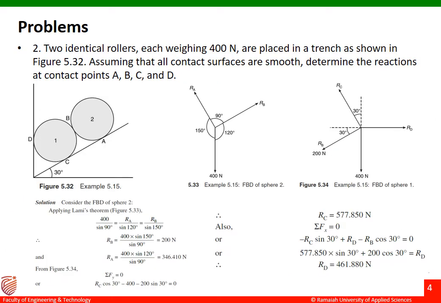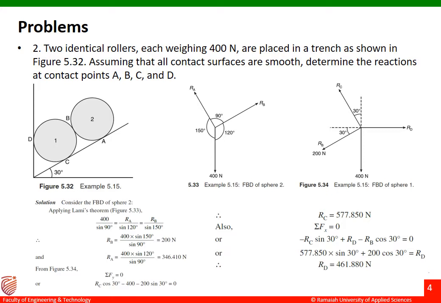Problem number 2. Two identical rollers, each weighing 400 Newton, are placed in a trench as shown in figure. Assuming that all contact surfaces are smooth, determine the reactions at contact points A, B, C, and D. Okay, so why have they mentioned here that contact surfaces are smooth?